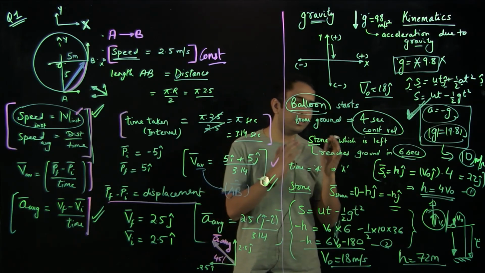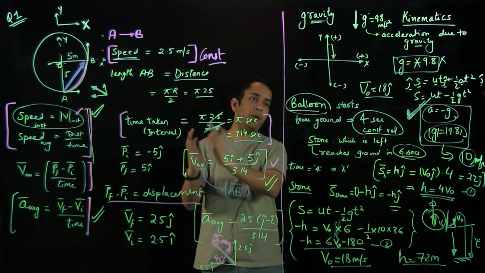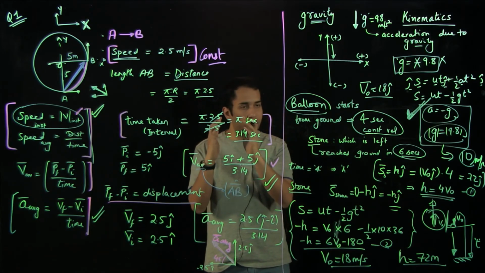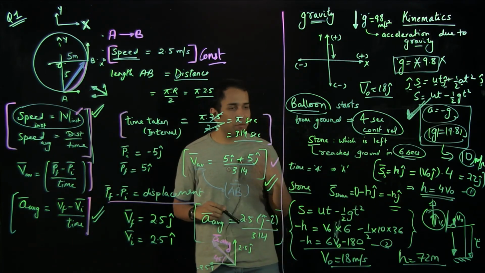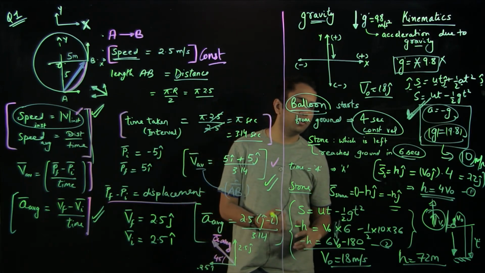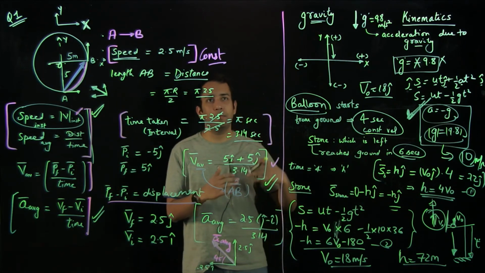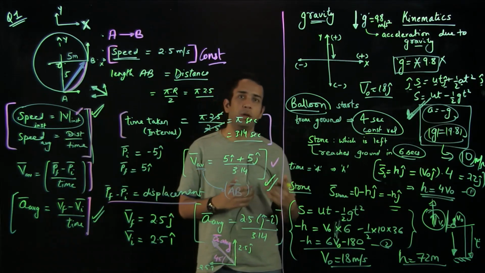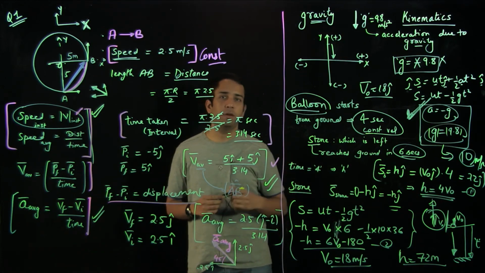We would be using these same equations of motion separately, first in i cap and second in j cap. This is one good habit to have from the starting itself, so that it won't bother you in the next part or in many complex questions which you will face towards the end of this chapter and in the next chapter as well.